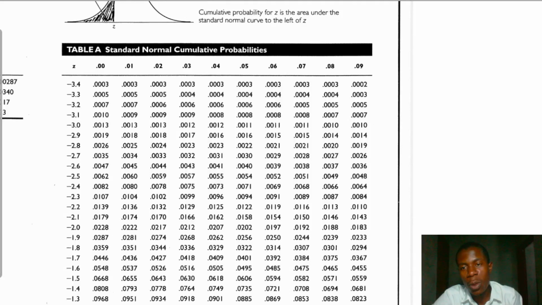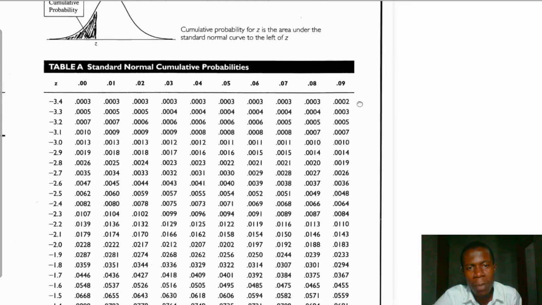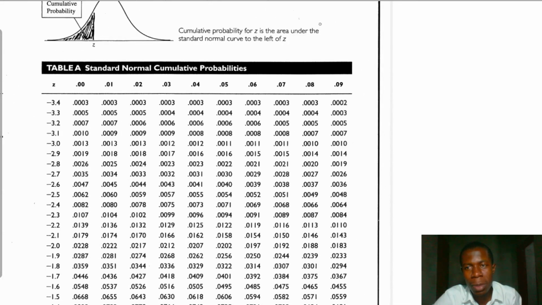Now, in today's lesson, we continue with normal distribution, and basically we were looking at how to find probabilities. Say you have Z less than maybe 1.3. How do you find that probability? And we said this graph that we have here only shows probabilities for Z less than.